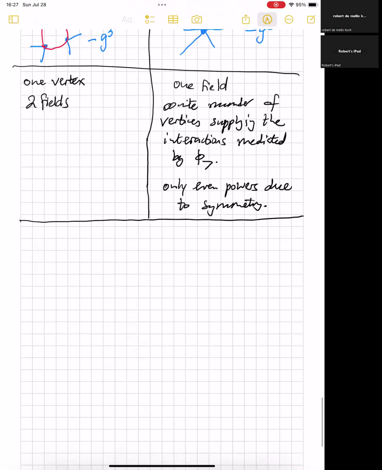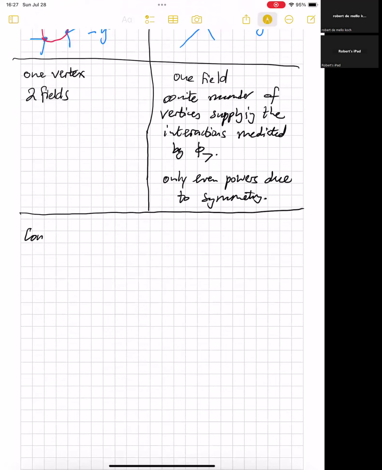So let's just summarize our conclusions, because our toy model has taught us essentially everything that happens in step 2. So first consequence is that step 2 generates new terms in S effective. So it generates all kinds of new interactions.